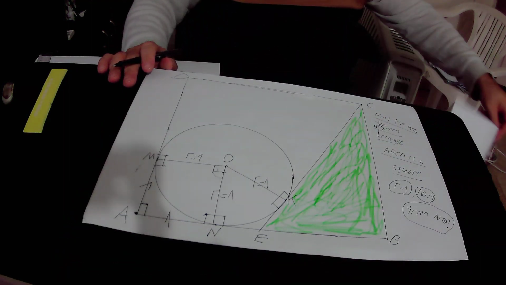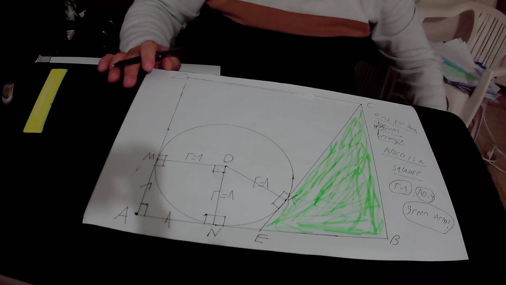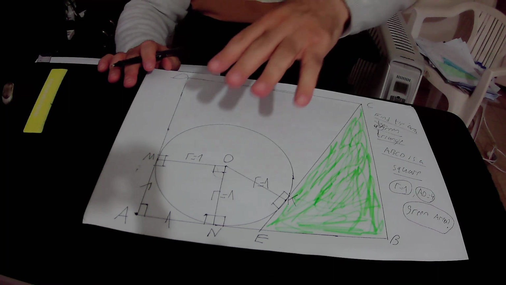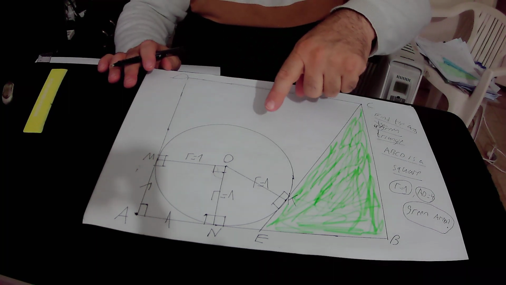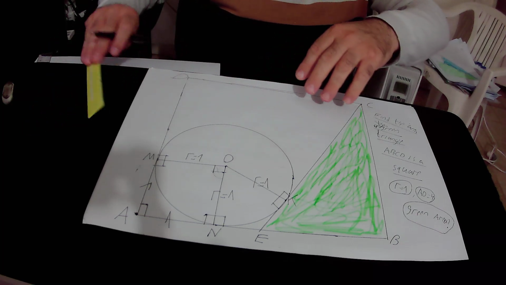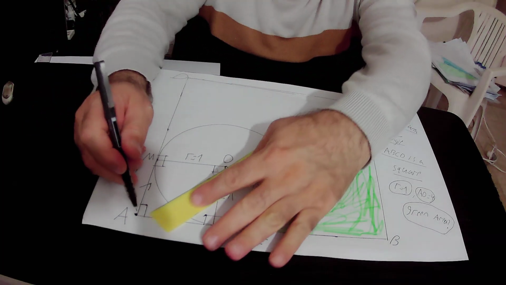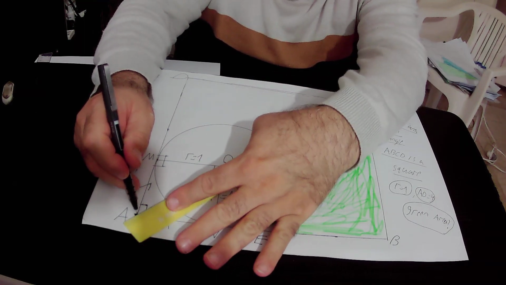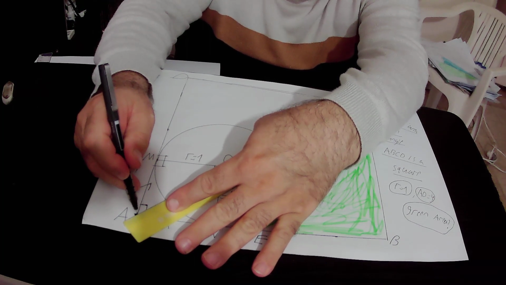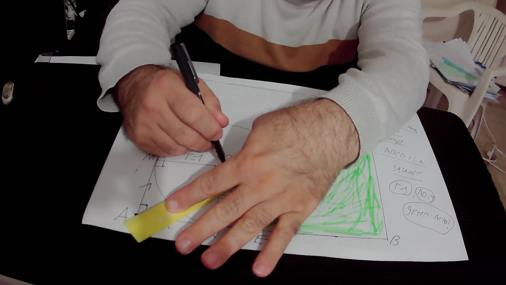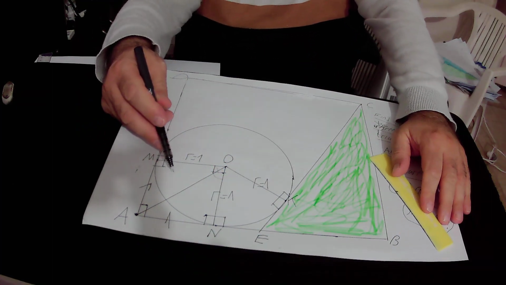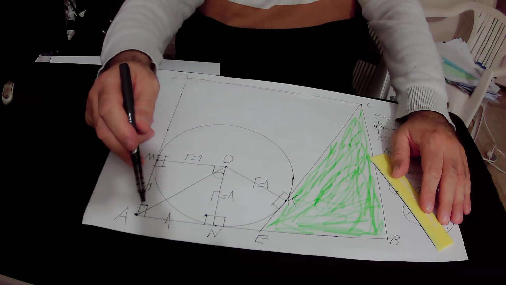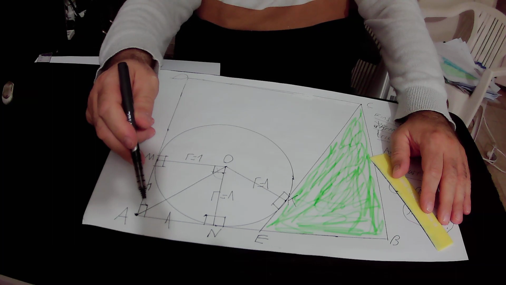So it means that in our square MOAN, the diagonal OA of square MOAN bisects this angle into 2 angles of 45 degrees.